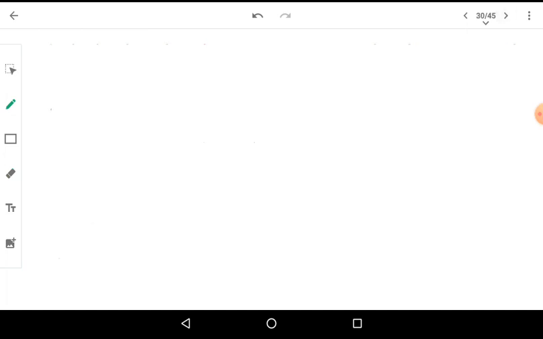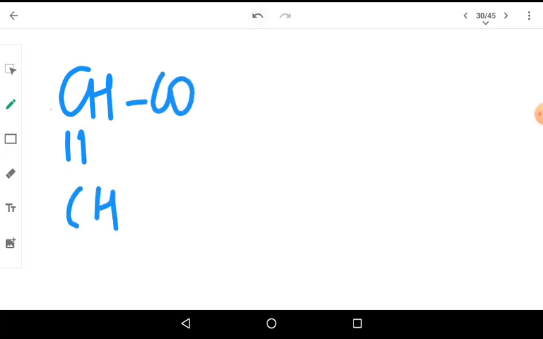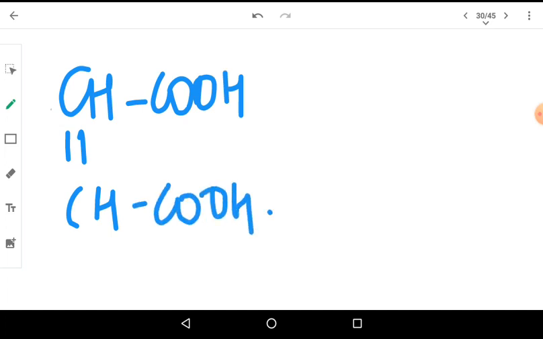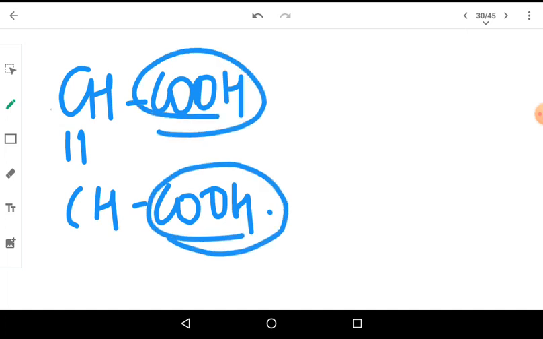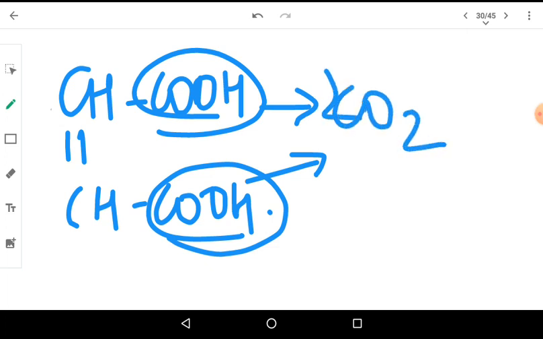Now let us take another example, that is CH double bond CH, single bond COOH, single bond COOH. This is known as fumaric acid. So if I am carrying out the same process for fumaric acid, there is elimination of two molecules of carbon dioxide, because in the first step we are removing the hydrogen.